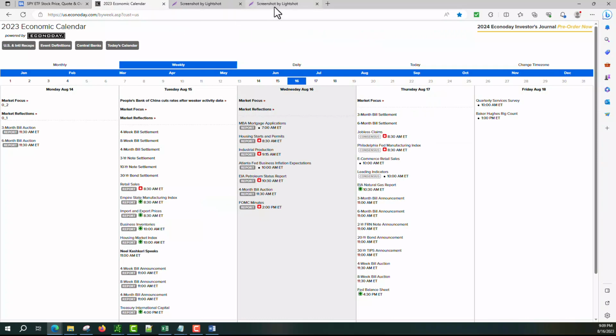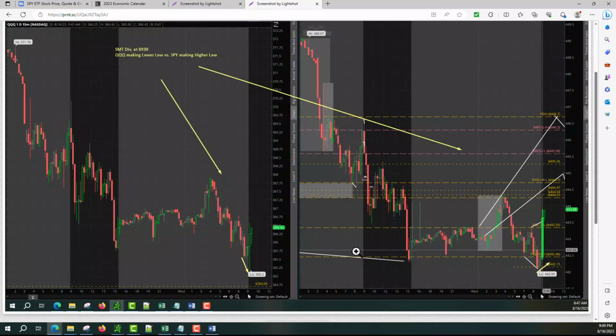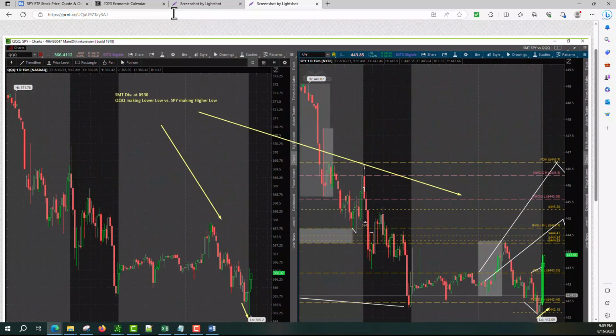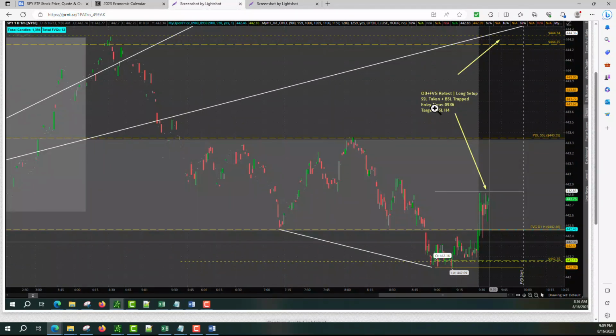All right, so you see the divergence. So it gives a reason to go long right here. The reason is the liquidity imbalance, an imbalance in the buy side. That means it's going to go take buy side liquidity because the buy side is trapped. You only took sell side liquidity, so there's an imbalance in buy side liquidity. That's why it has to go up.